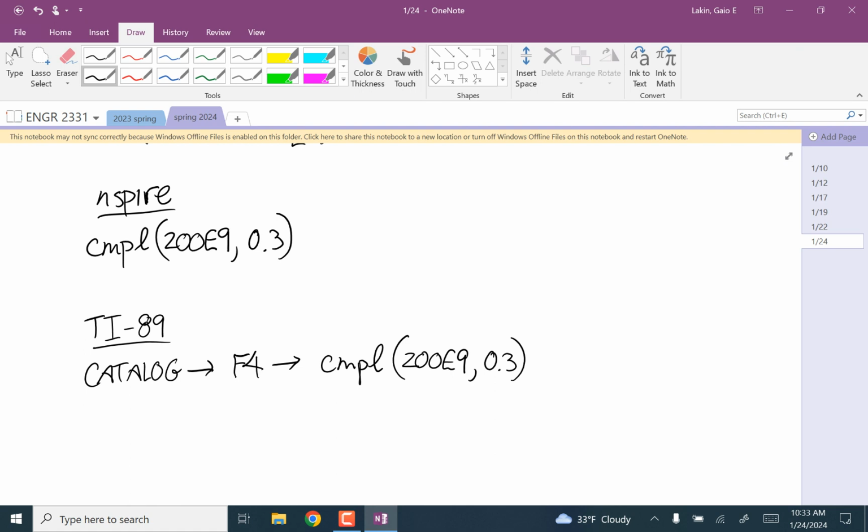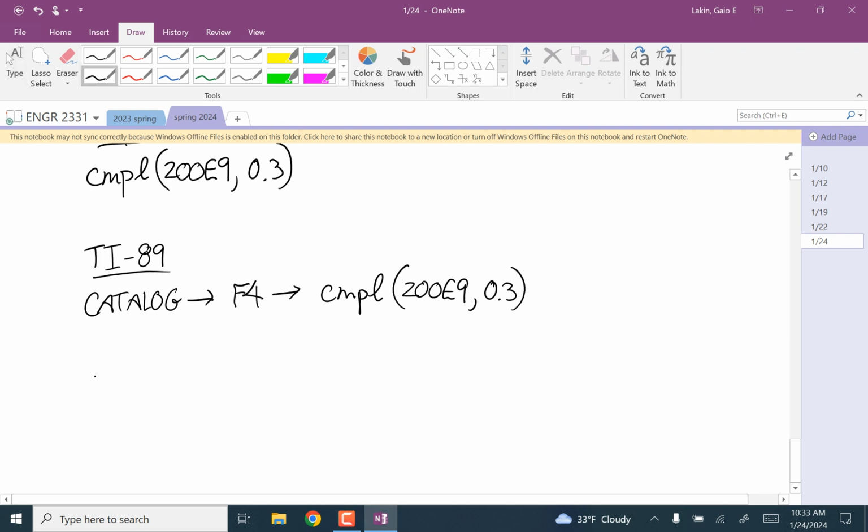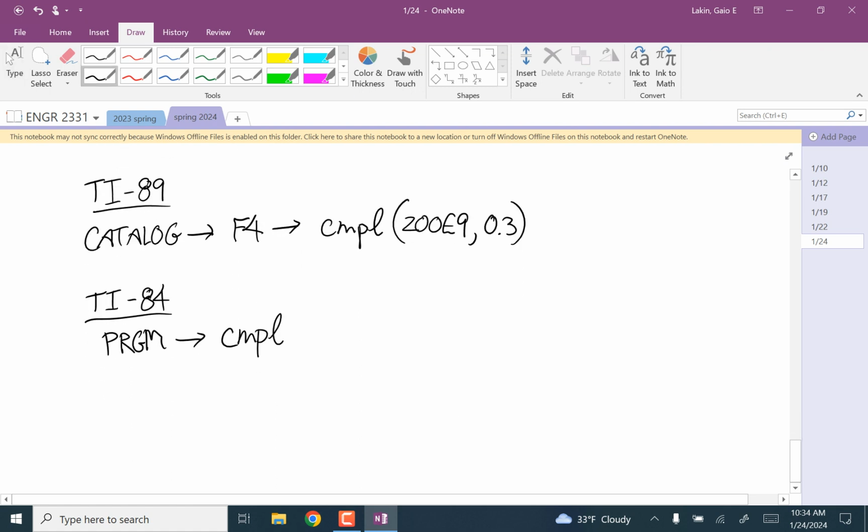And then for the TI-84, go to Program, Compliance, and run it. It'll prompt you, it'll say E, and you'll enter in 200 times 10 to the ninth.